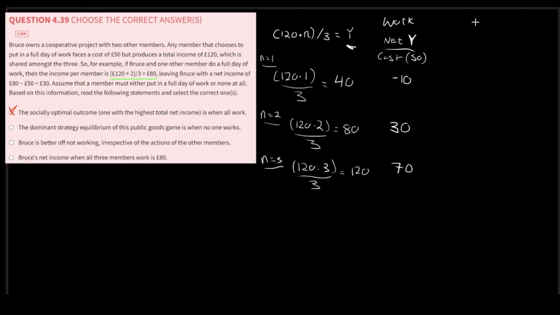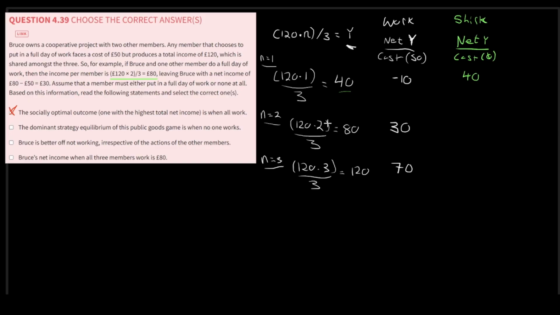But what would be my payoff if I decide to shirk? That is, if I were to free ride, if I were to say, no, thank you, I don't want to work. In that case, my net income is, well, what's my cost if I'm not working? My cost is 0. So if I don't work, I have a 0 cost, I get my income, so I could earn 40.